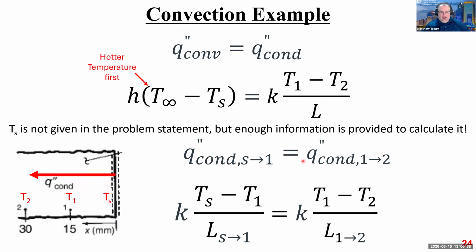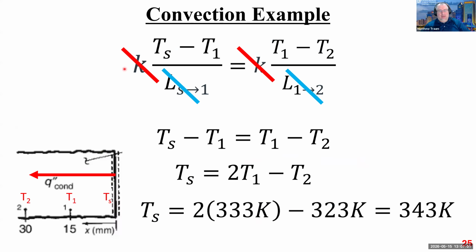Q conduction from the surface to 1 is equal to Q double prime conduction from 1 to 2. I know those equations, it's just this equation all over again, except S to 1 and then 1 to 2. The k is the same in both cases because it's conduction through the same material, so on my next slide I'm canceling out those k values.